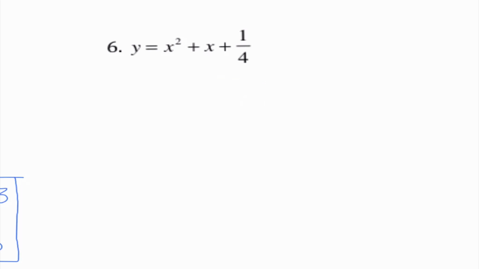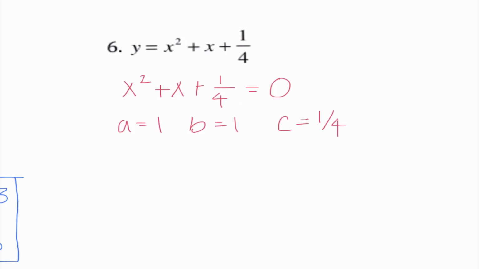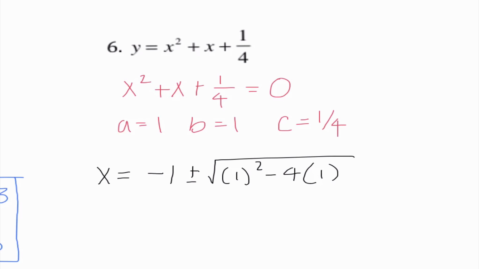Last full problem we're going to do here. And yes, it looks rough because we have that fraction, but that's okay. So I have x equals the opposite of b plus or minus the square root of b squared minus 4ac over 2a.